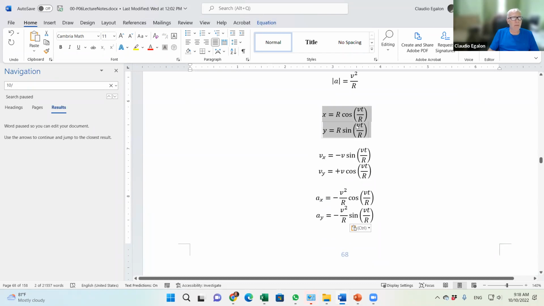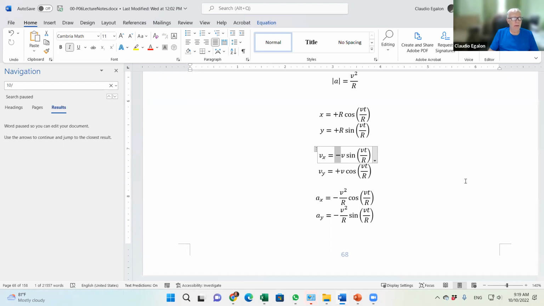If you want to know the velocity, the cosine becomes sine, and the sine becomes cosine. And what was being multiplied by R becomes v, right? The multiplication factor becomes v. Note that only the component along the x direction has a negative sign.